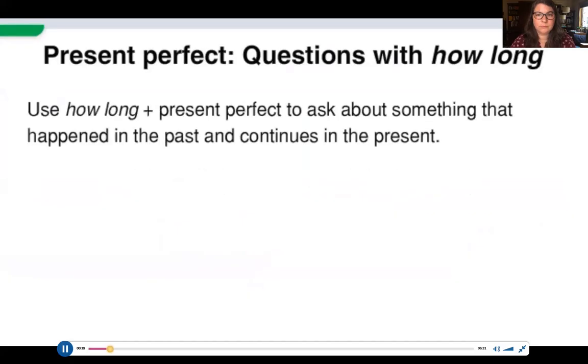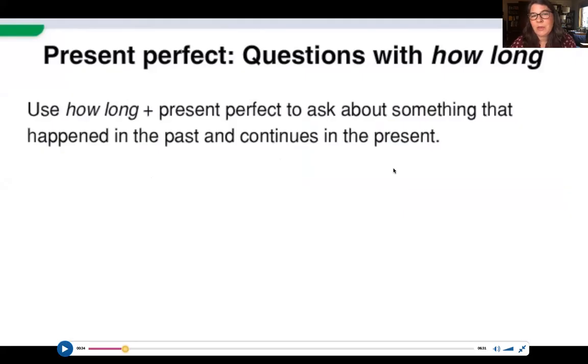Present perfect. Questions with how long. Use how long plus the present perfect to ask about something that happened in the past and continues in the present. This is important. We use present perfect for something that started in the past and is still happening.